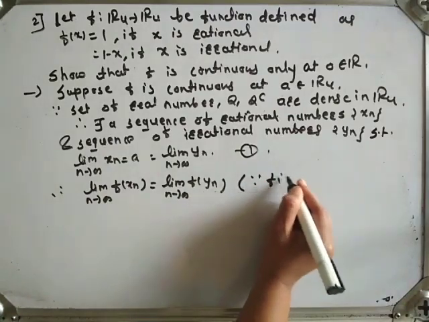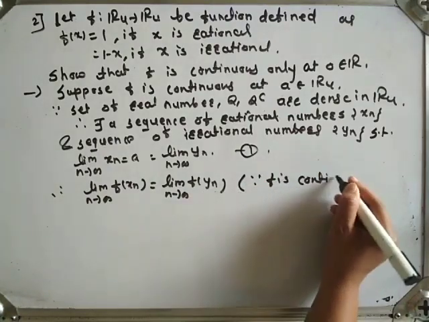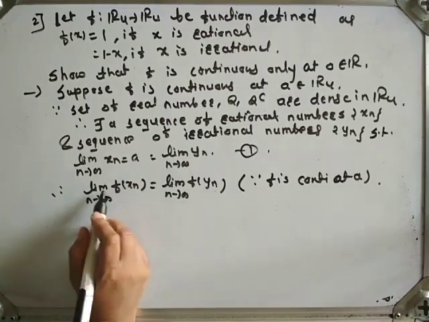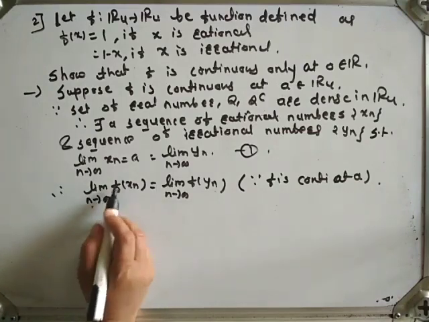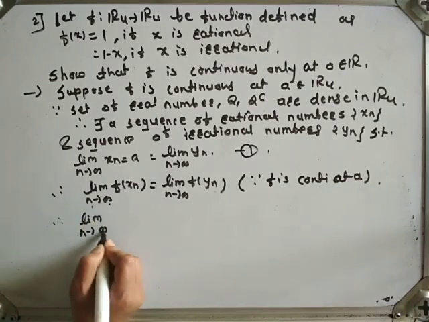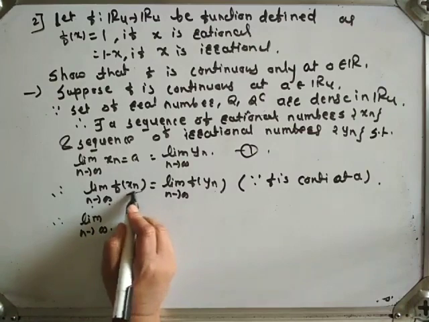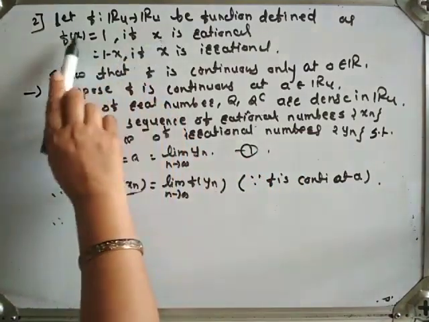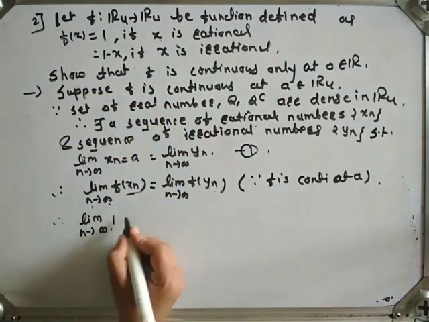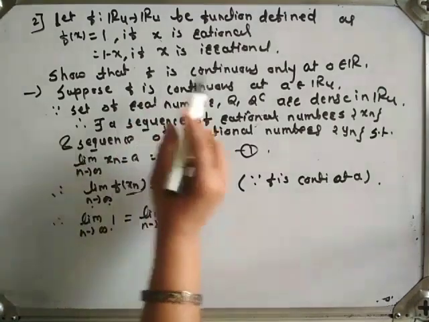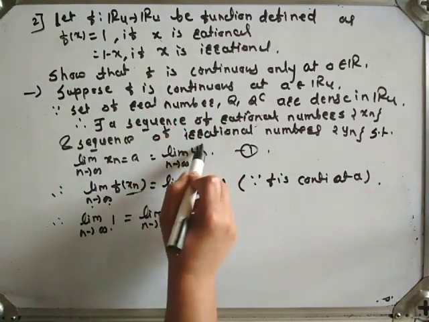Since f is continuous at a, limit as n tends to infinity of f of xn, where xn is a sequence of rational numbers, and when x is rational, f of x is equal to 1, is equal to limit as n tends to infinity of f of yn, where yn is a sequence of irrational numbers.